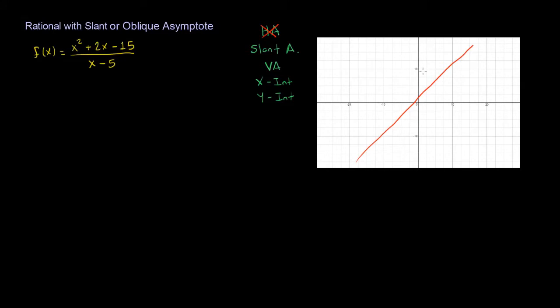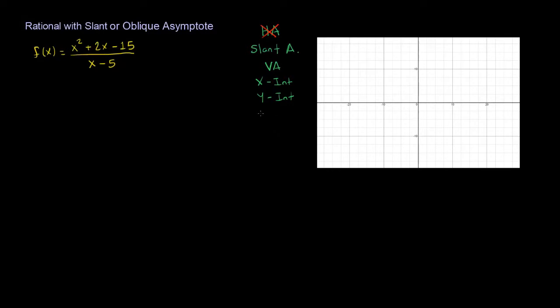It could be like this, or somewhere around here, and we're going to find it out later. So basically, in order to sketch the proper graph here, we have to find these four elements: the slant asymptote, the vertical asymptote, the x and y interceptions, and later on I will show you how to sketch the graph.